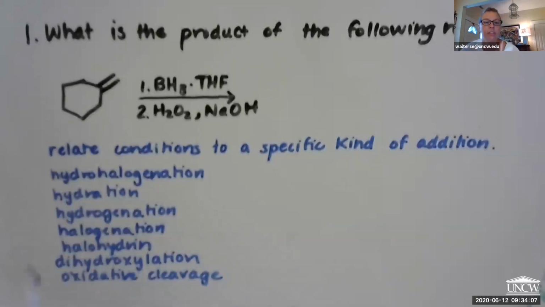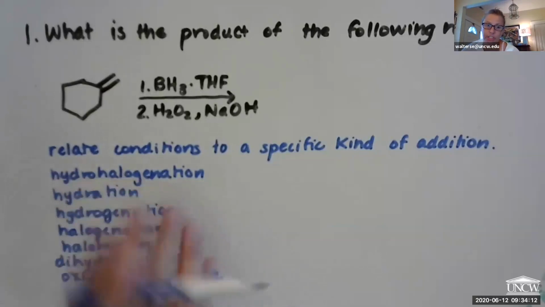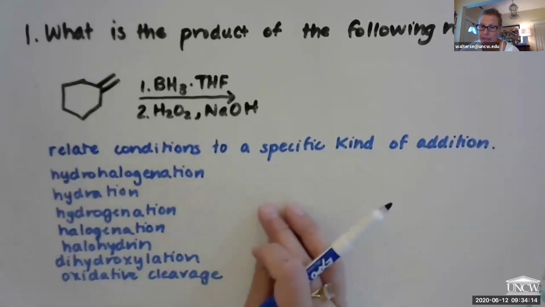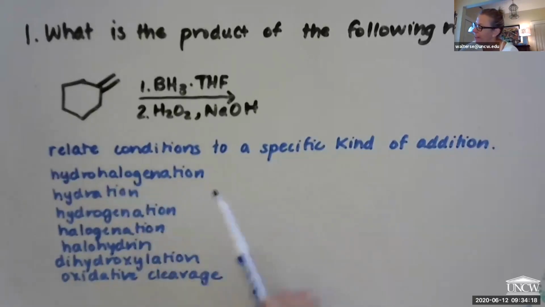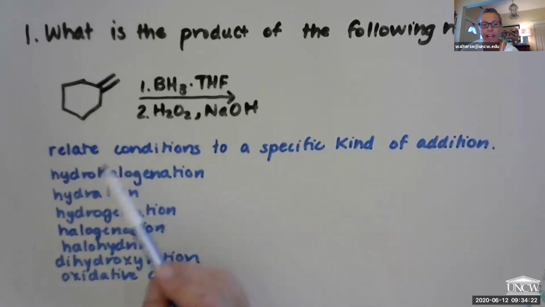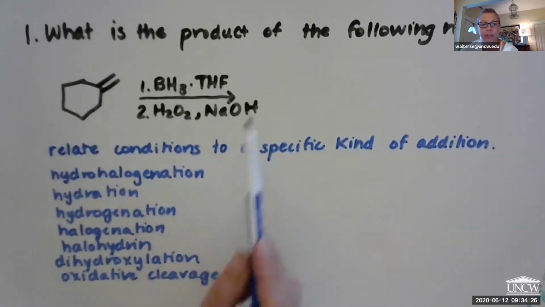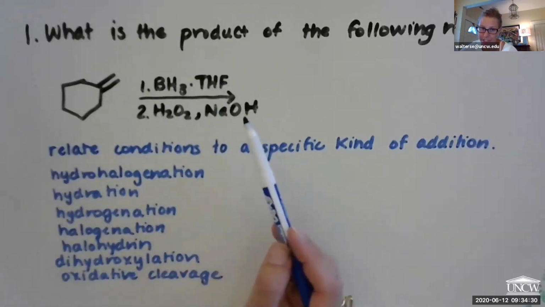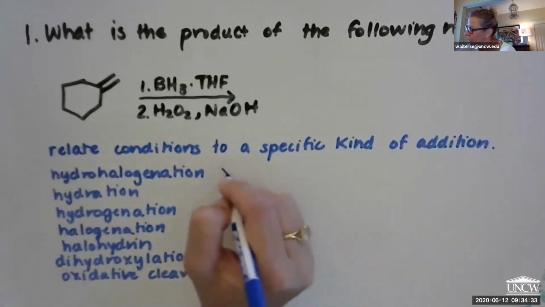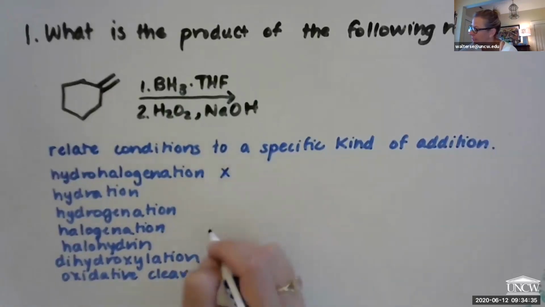Now, sometimes the words in the question, or the words in these names, are very helpful. So in this case, it says hydrohalogenation. So you have to end up with a halogen on your substrate, but you don't have any halogens in your reaction conditions. So this doesn't make any sense.